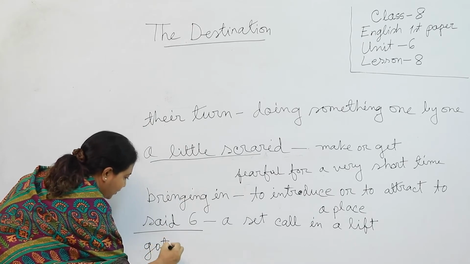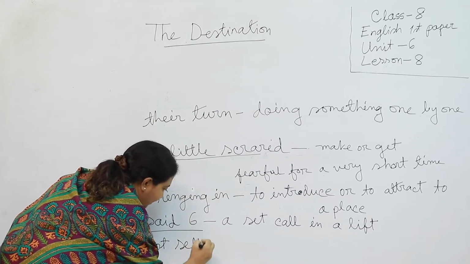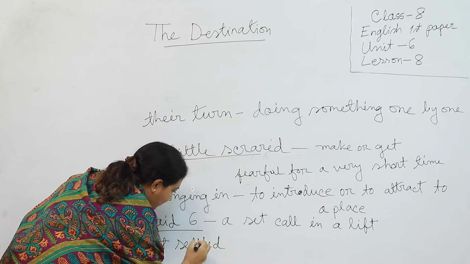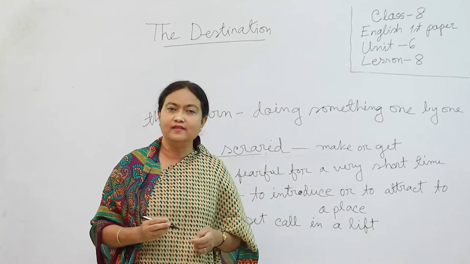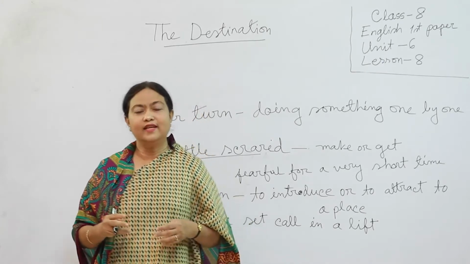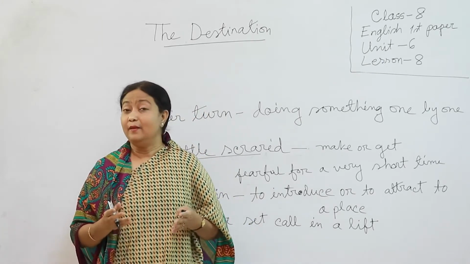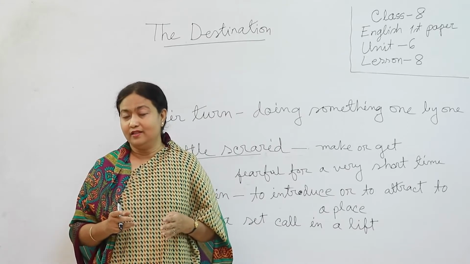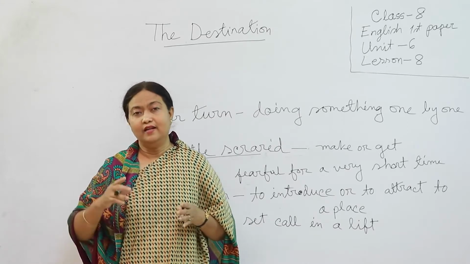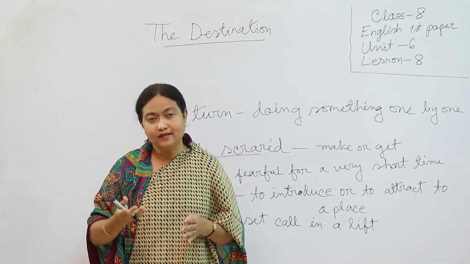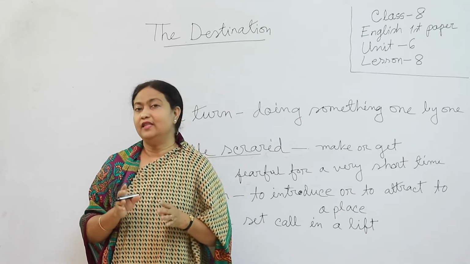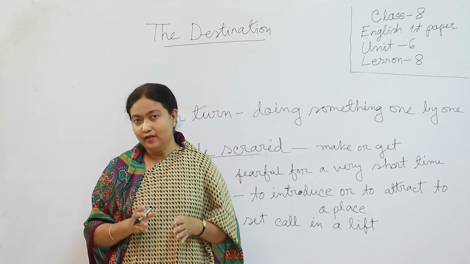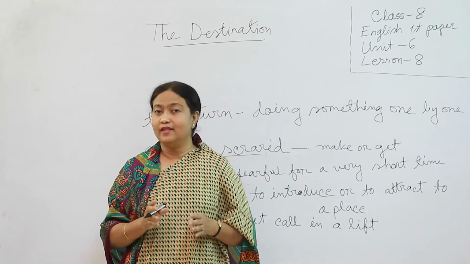Okay? Students, another word is got settled. Got settled. Have you seen it in your passage? Yes. Got settled means, in the passage what have you read? Mita and Zara reached their uncle's house, they took dinner, they decided to share a room, and they got settled.